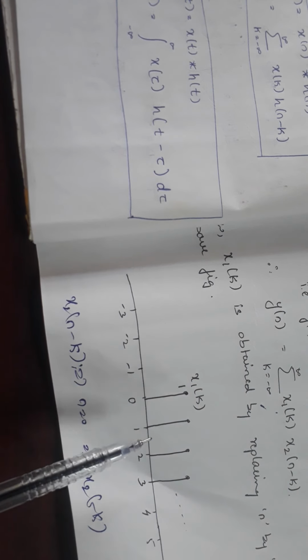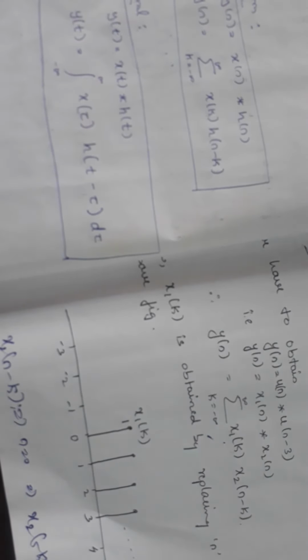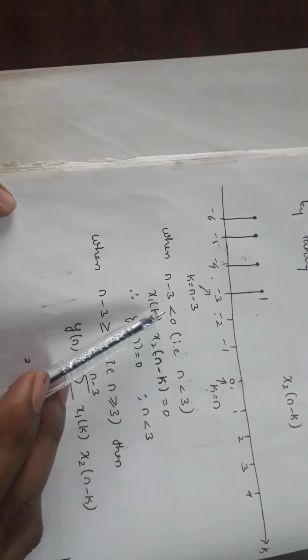We'll compare the second signal with respect to the first signal. The second signal point is n minus 3, which is either less than 0 or greater than 0. If n minus 3 is less than 0, we cannot perform any multiplication, because the signals will not overlap.